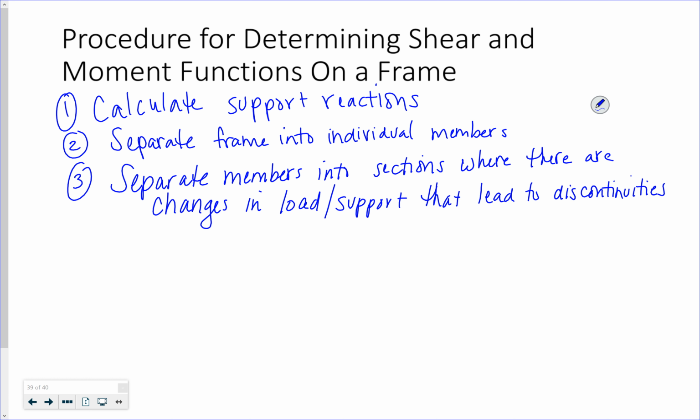Right, and separate your members into different sections, which we've already been doing while we've been building our shear and moment functions. Determine your shear and moment functions.